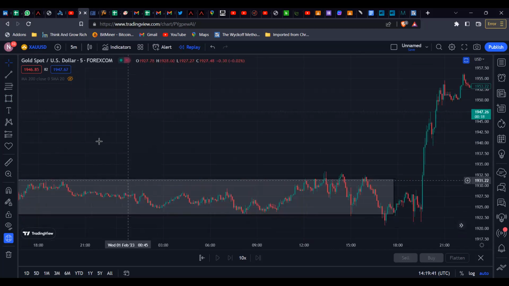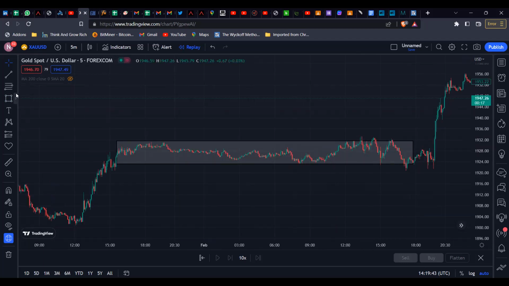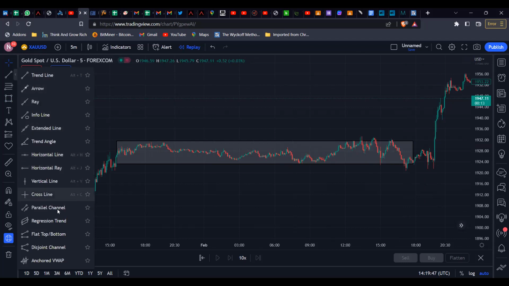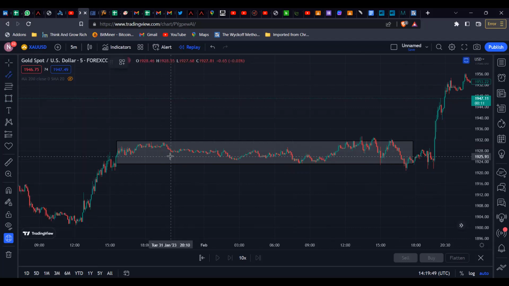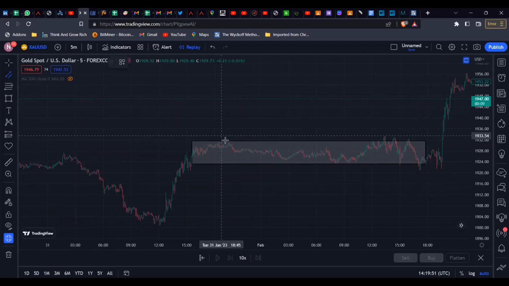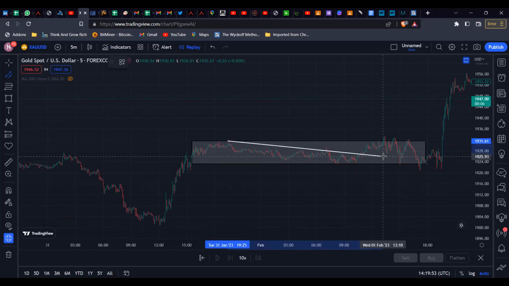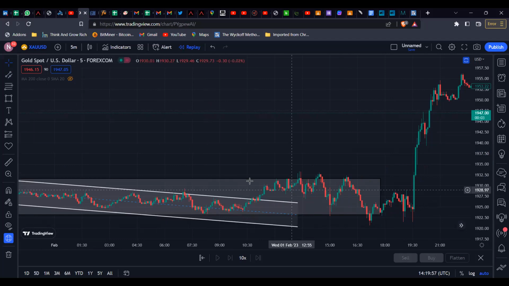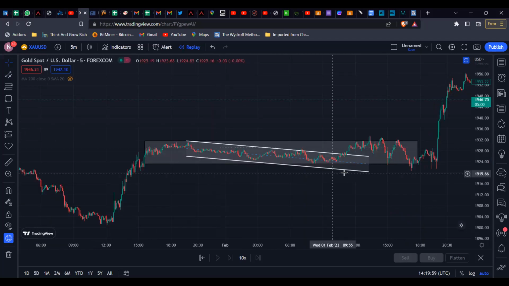We consolidated. If you're a channel person, so you trade channels, you would see that there was a channel here, something like so, within this area, which price also consolidated in. I'm going to delete the channel, but you can see the channel I was talking about.